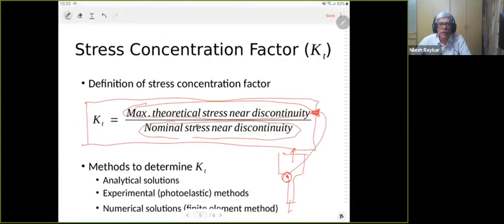How much highest stress will be there at this point is given by the numerator, and the denominator is what you know by the classical formula. So you know the stress away from the discontinuity, either in the narrow part of this plate or the broader part of this plate. Which nominal stress is considered for calculations is always given near the formula for the stress concentration factor.